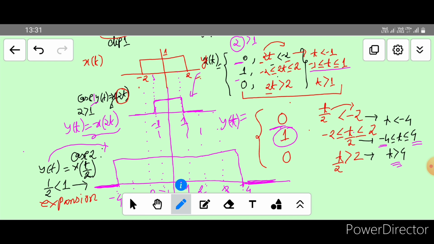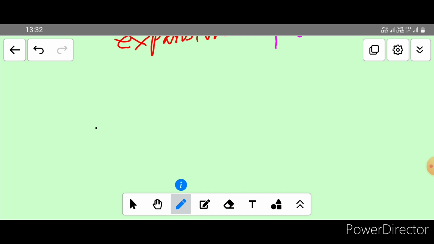The time compressed version, when the scaling factor is 2, is compressed, and the time axis becomes minus 1 to 1. And in case 2, when the scaling factor is 1/2, that is less than 1, the signal is expanded in the time axis, and it is visible here. Now we will learn one shortcut to quickly solve this kind of time scaling problem.